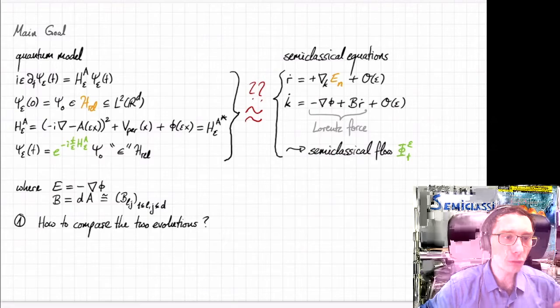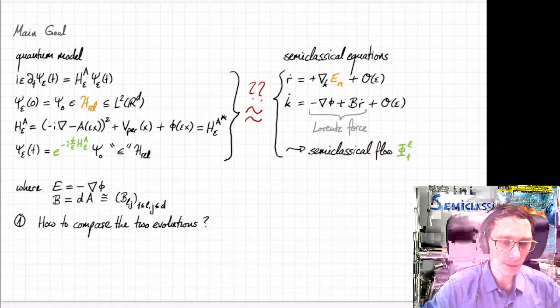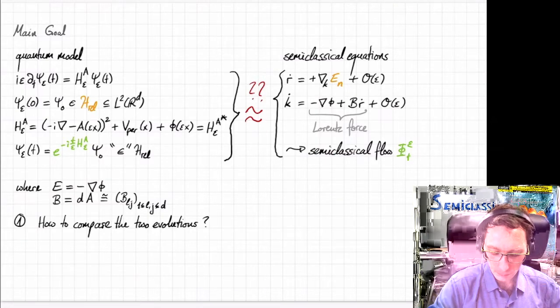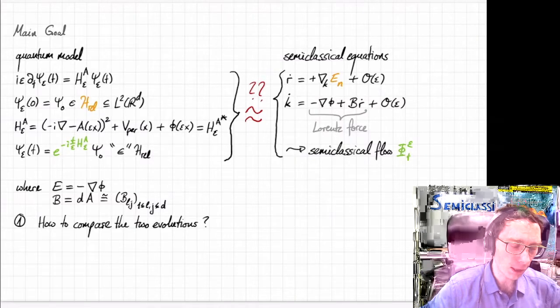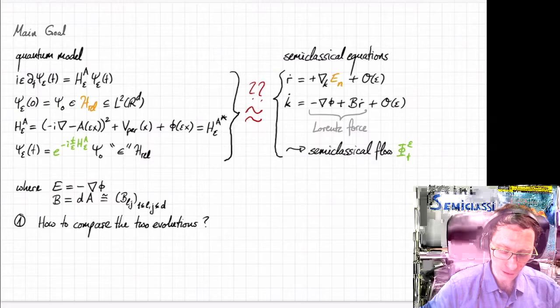If you choose a different relevant subspace, either it's not going to be possible to do a semi-classical approximation, or if it is, you would potentially have to use a different energy band function.